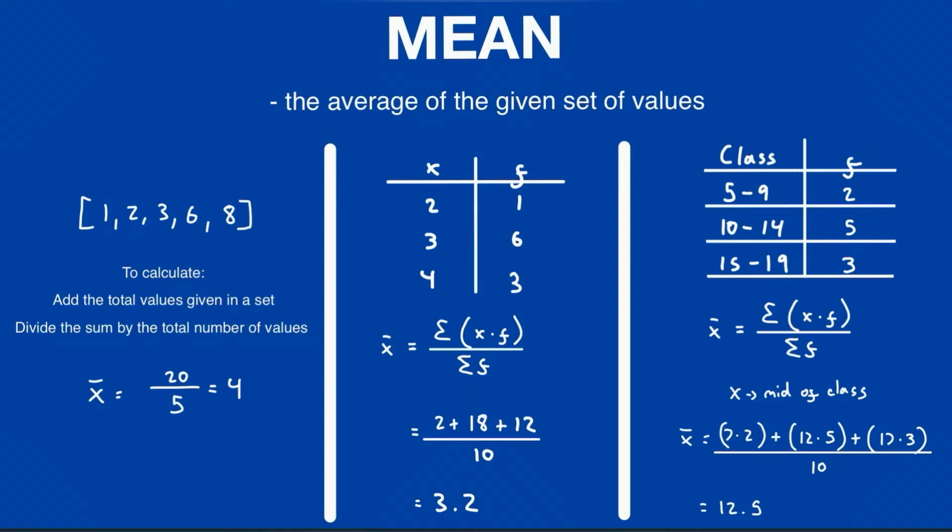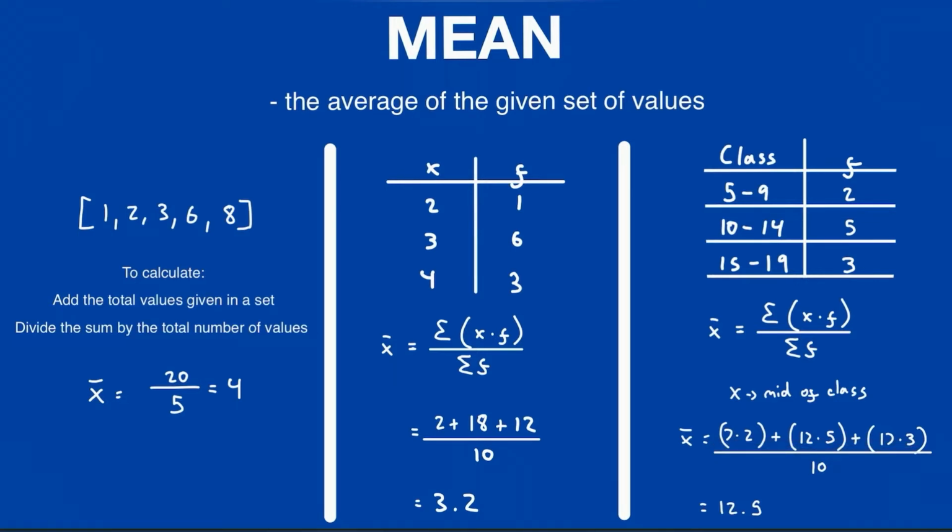So if you were to apply the formula for this question, for example, I said the x here would be 7. So 7 into 2 is 14. And then 12 is the middle here. So 12 into 5 is 60. And then 17 is the middle here. We have 17 into 3 here. So we find the sum of this, which is 125.